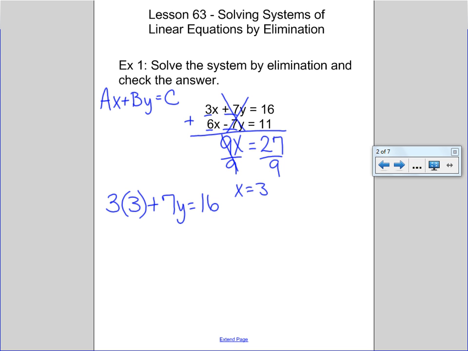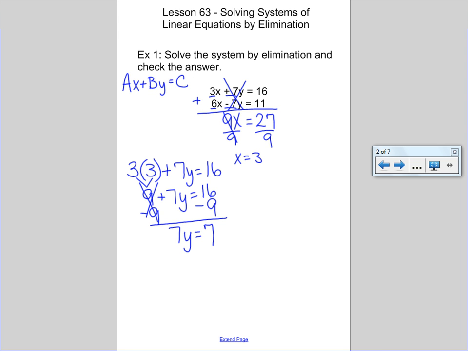Now, I'm just going to work the equation. So I have 3 times 3, which gives me 9. Bring everything else straight down. I want to get y by itself, so I'm going to subtract 9. What I do to one side, I must do to the other. The 9's will cancel, leaving me with 7y equals 7.